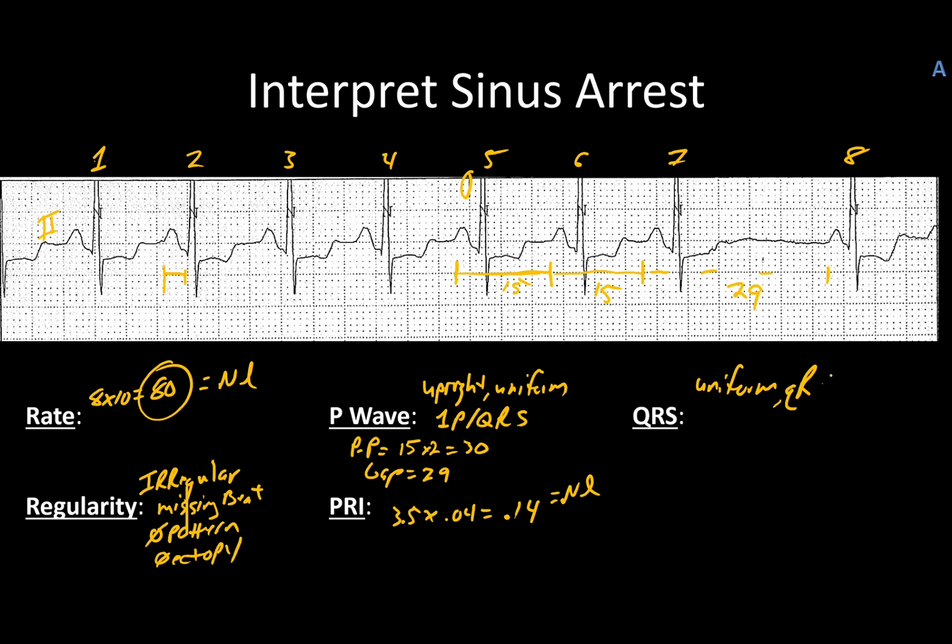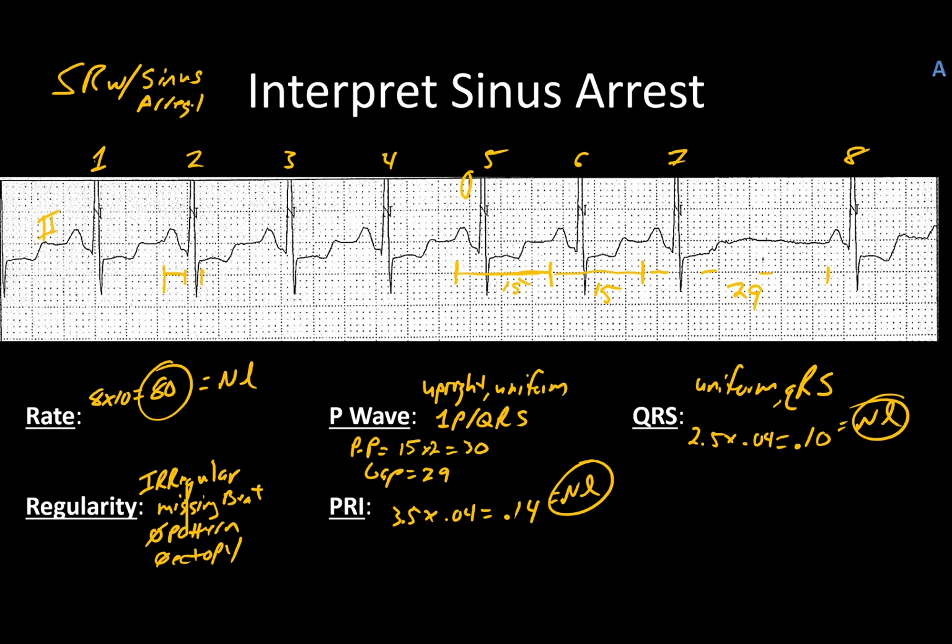Now we have QRS pattern and 2.5, and that is normal as well. So what we have is sinus rhythm with sinus arrest. And that's the goal.